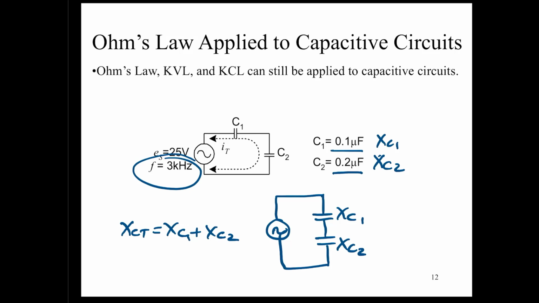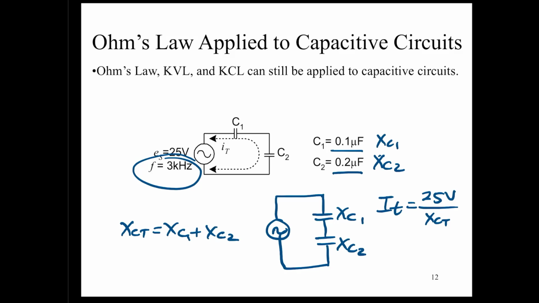That means you have a total impedance of the two values added together and then divided into 25 volts, right? So that means in order to determine your current here, I total, you would simply take your 25 volts divided by your XC total, and that's going to give you I total.